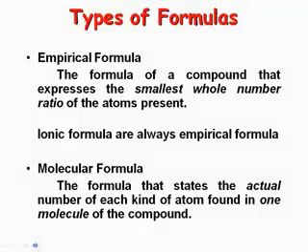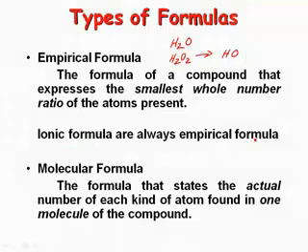For example, H2O is an empirical formula. However, H2O2 would not be an empirical formula. Its empirical formula would just be HO, because 1 to 1 would be the empirical.